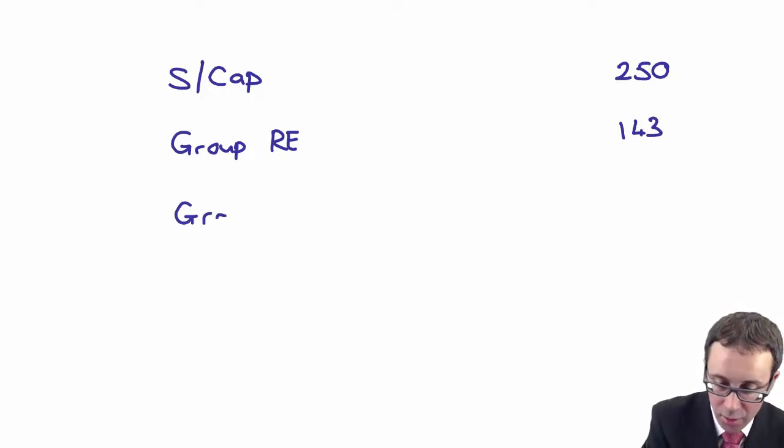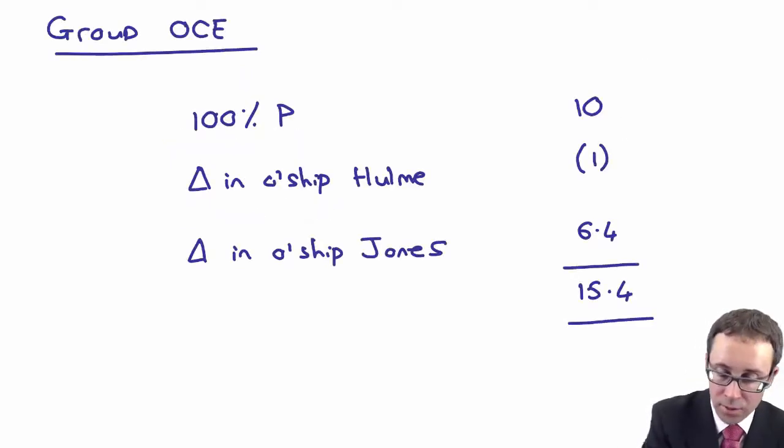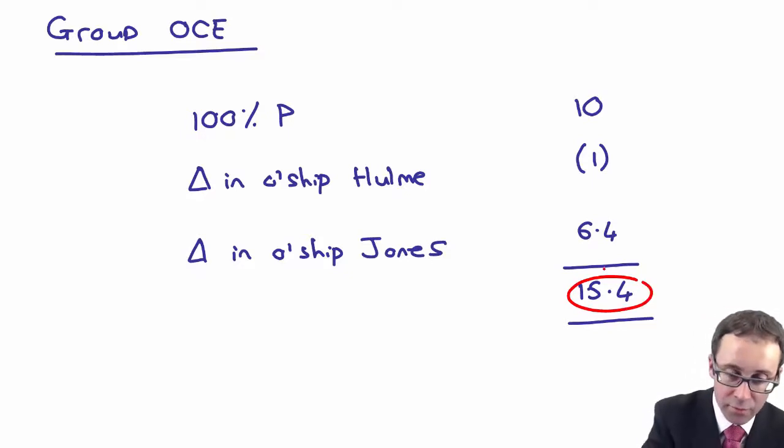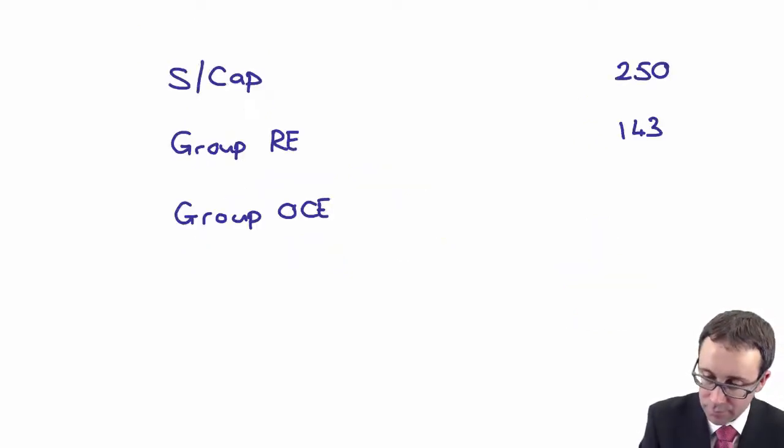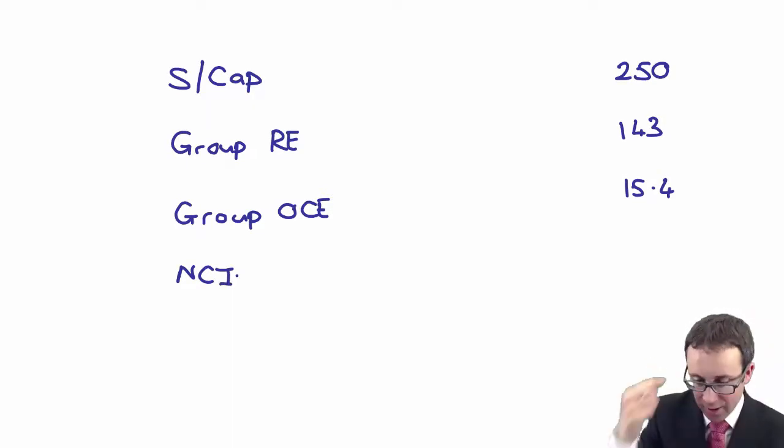I have my group other components of equity, which was 15.4. And don't forget your non-controlling interest.